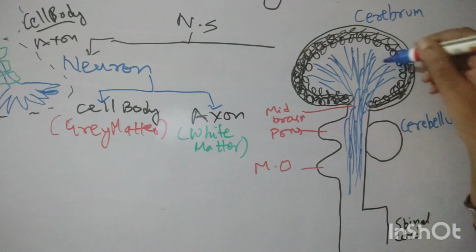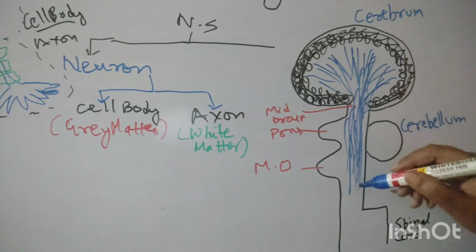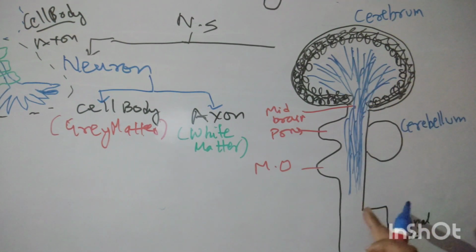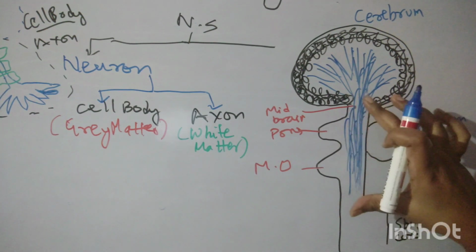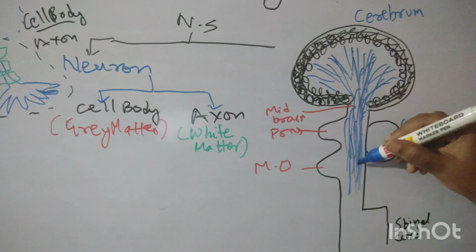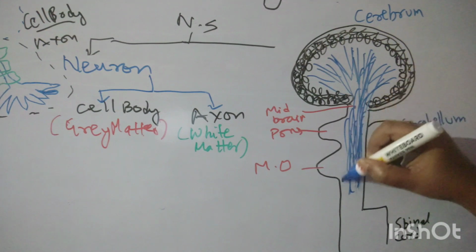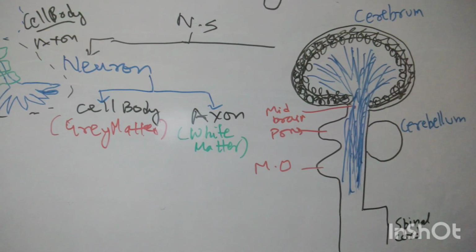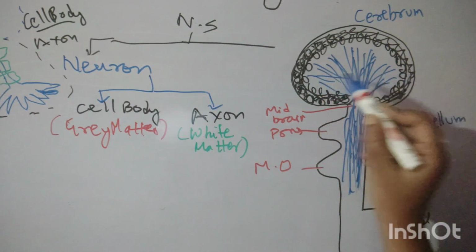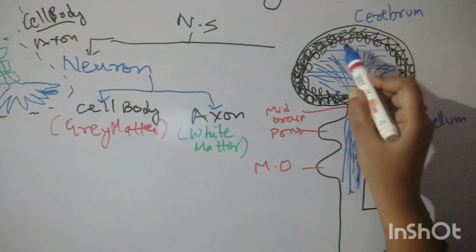So some fibers are coming down. We will call these descending, because these are descending. We will see that a nucleus is also present here. So some fibers in this part will be like that. They are going upwards. Some fibers will go upward in direction, and there are also some fibers which will go like this, from left to right to left, in all directions.